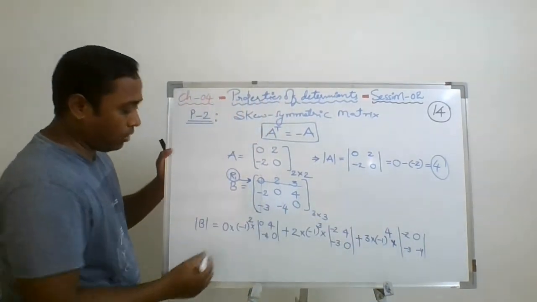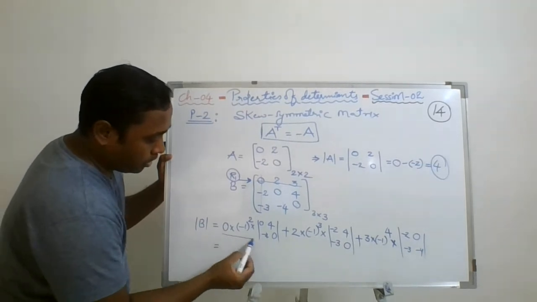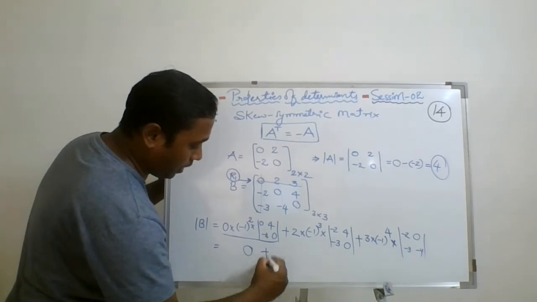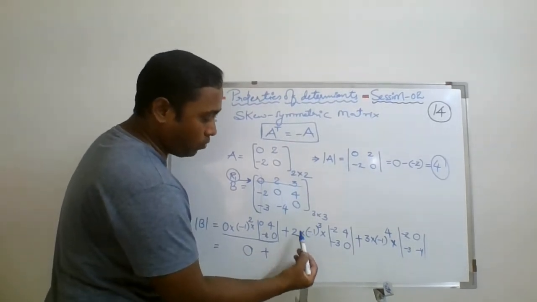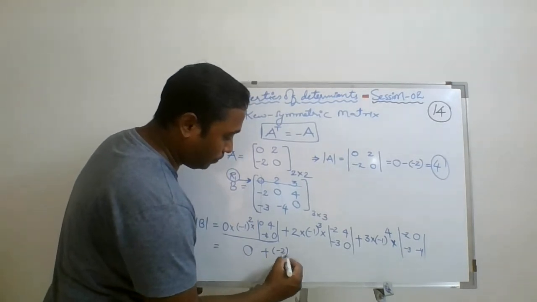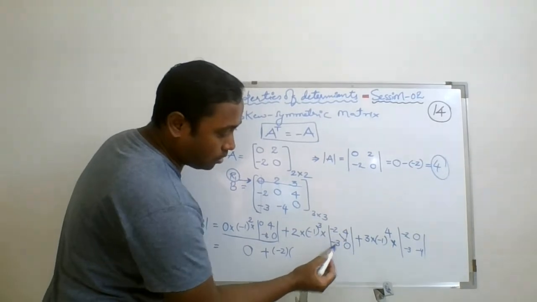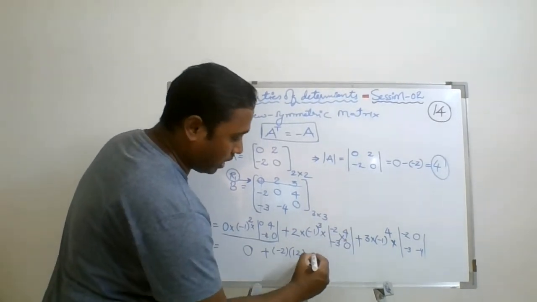Now we just need to calculate this value. Just see what happens. 0 into something, the product completely will be 0. So I am writing 0 directly. Plus, minus 1 to the power of 3 is minus 1 only. So minus 1 into 2 is minus 2, into the product of this value. So 0 minus of minus 12 is plus 12, a crisscross, cross multiply type product.